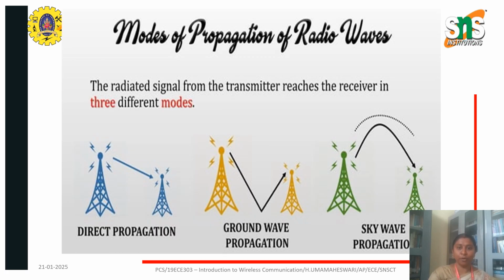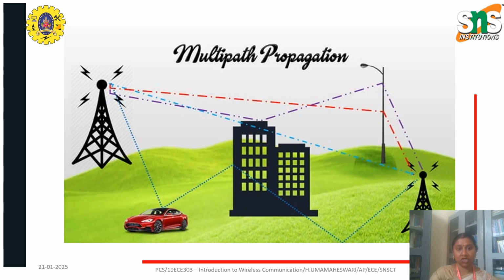The radiated signal from the transmitter reaches the receiver in three different modes. One is direct propagation, the second is ground wave propagation, and the third is sky wave propagation.